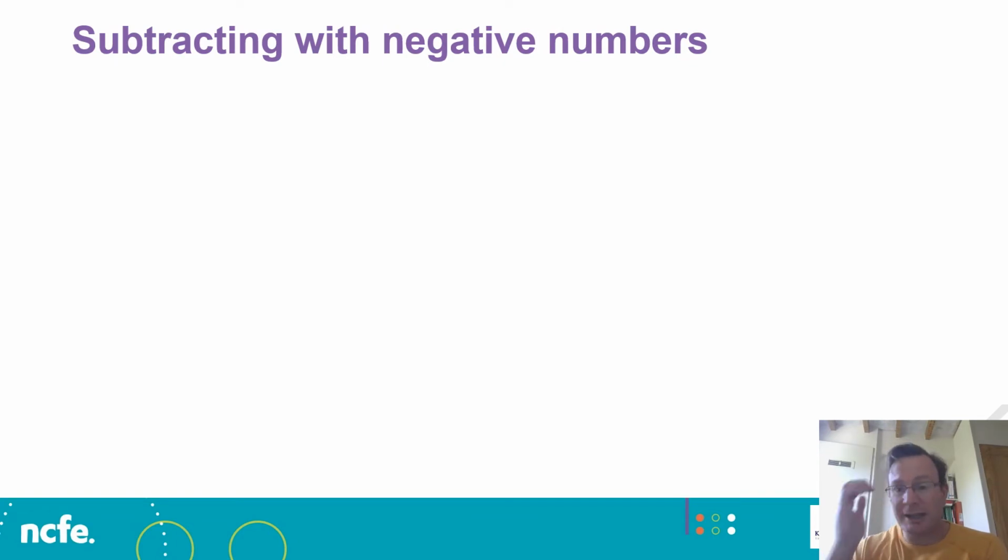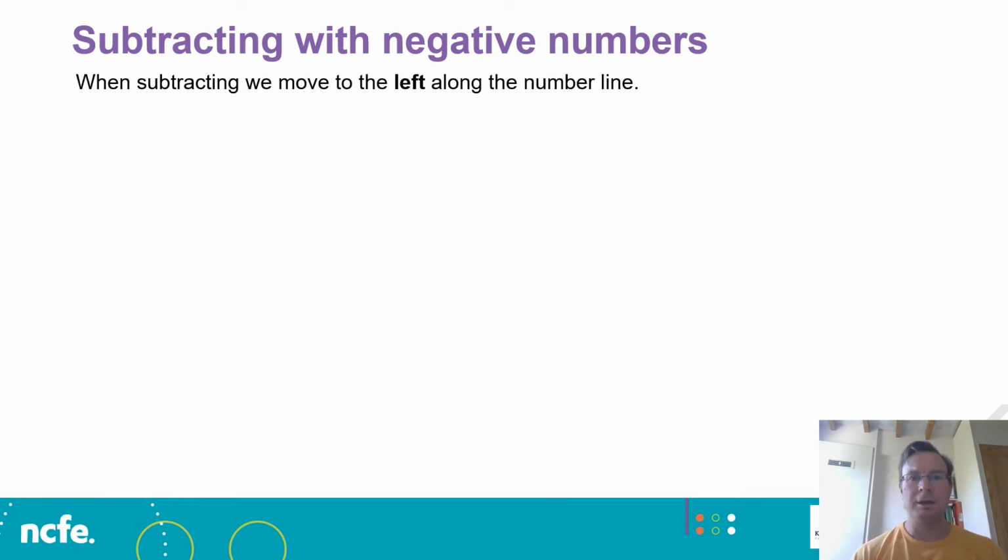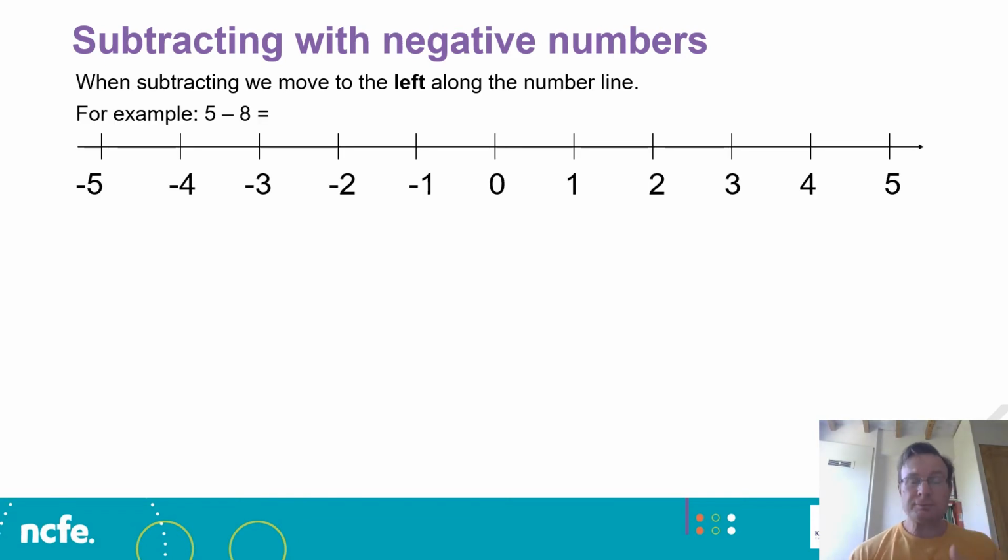And now we're starting to get difficult. We're going to start subtracting with negative numbers. When we're subtracting, we move to the left. Here's an example. Let's say we're starting at 5 and we're going to minus 8.